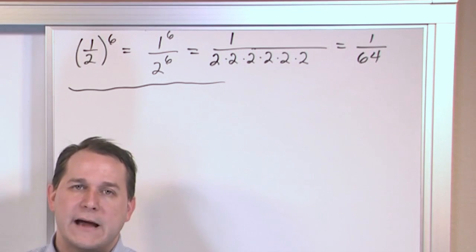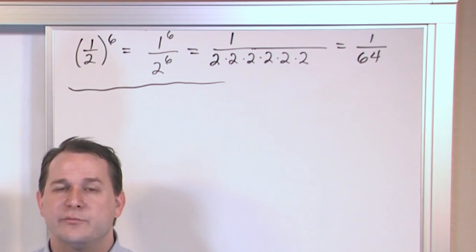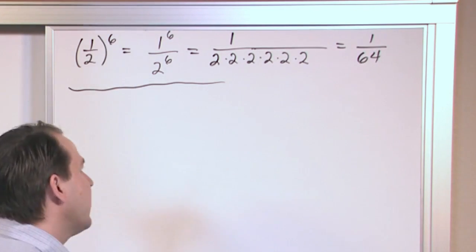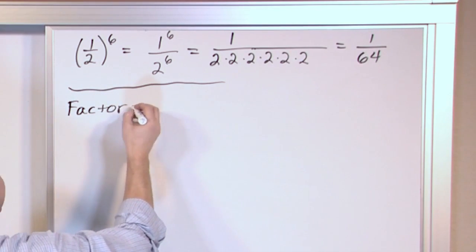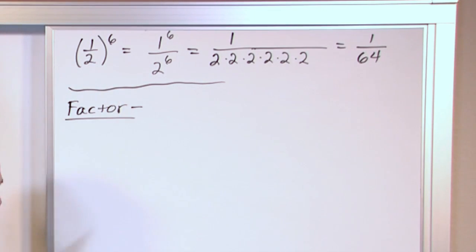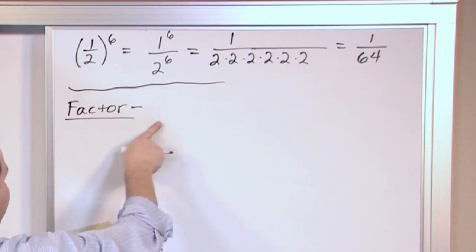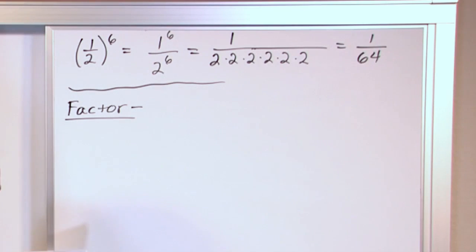Next, I want to talk to you about a term that you'll see a lot in algebra. It's called factor. So let me write that down real quick. A factor. I am not going to give you a book definition for a factor. I'm going to give you Jason's definition, because I think my definition is a little easier to understand, even though it's not as nicely worded as a book.